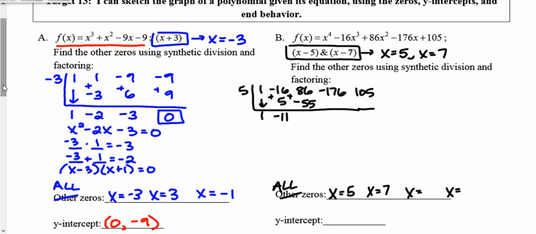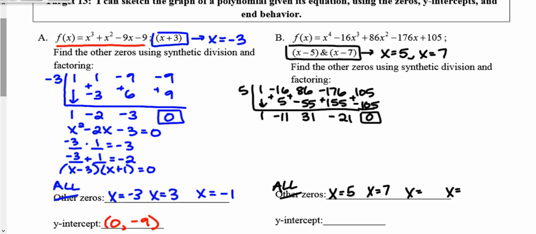Really good review on synthetic division here. So that would be a 31. And then if I multiply that, I get 155. So then that would be a negative 21 if I add down, which would give me a negative 105 here. So when I add down, I get a 0, which is what I should get.